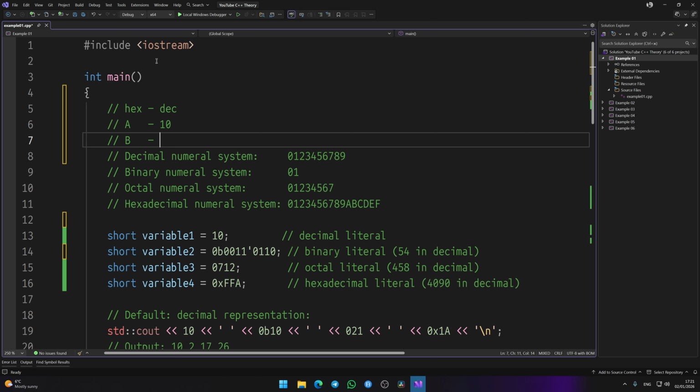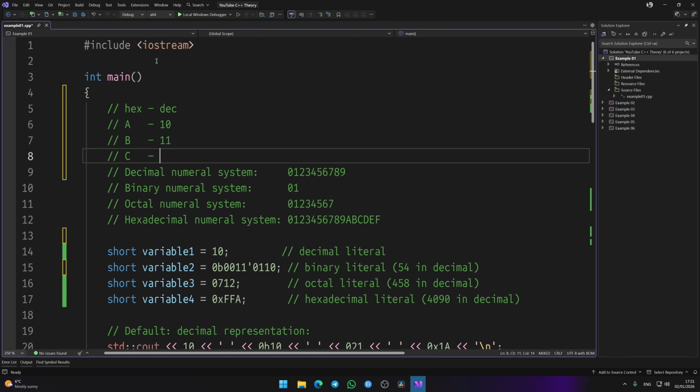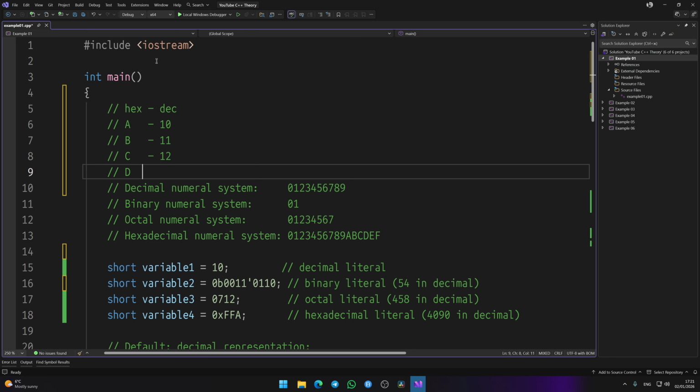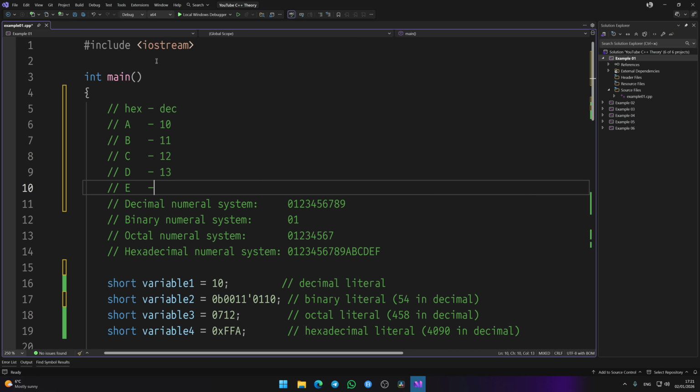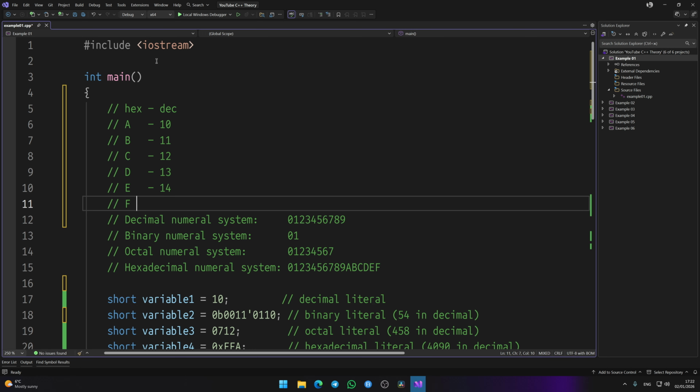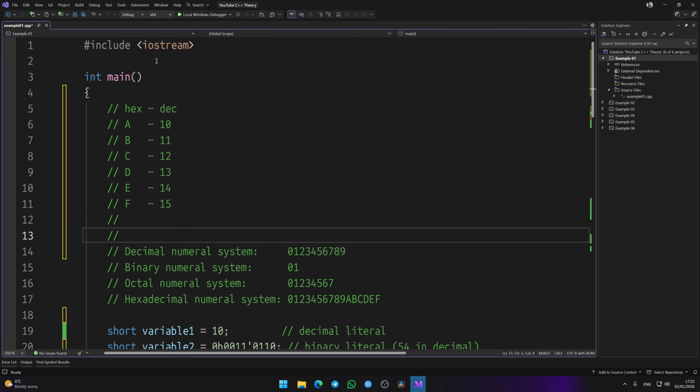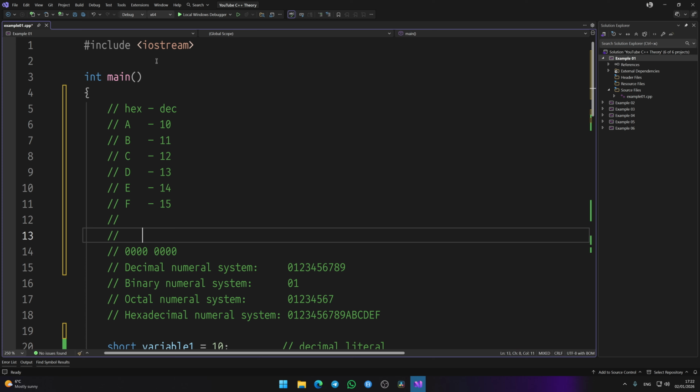The hexadecimal system turned out to be much more convenient because each hex digit corresponds to exactly 4 bits. That means a single digit from 0 to F represents the binary range from 0000 to 1111. Since 1 byte equals 8 bits, you only need 2 hex digits to represent 1 byte.